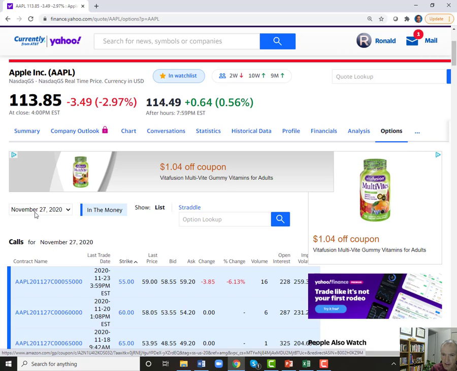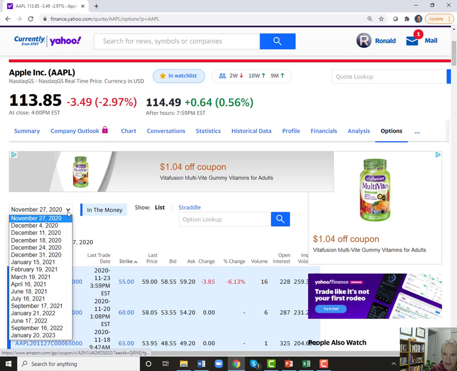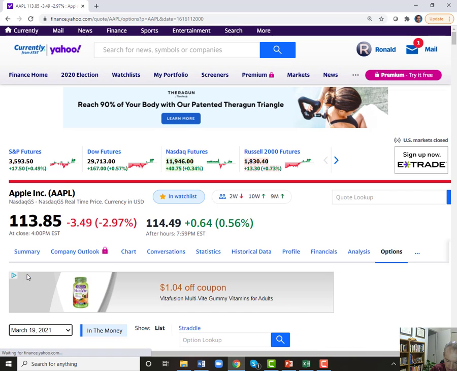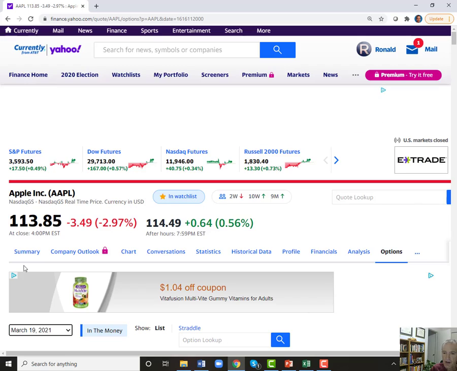The expiration is November 27th, which is actually going to be expired by the time I do this class, because I did this before November 27th. But let's go out to March 21. We've got the March 21.